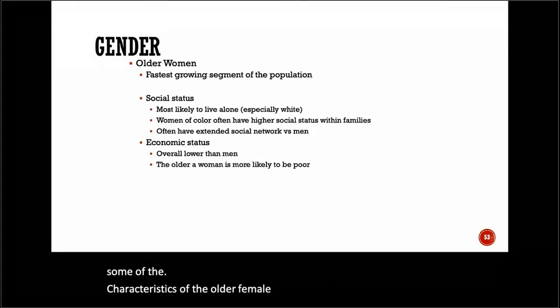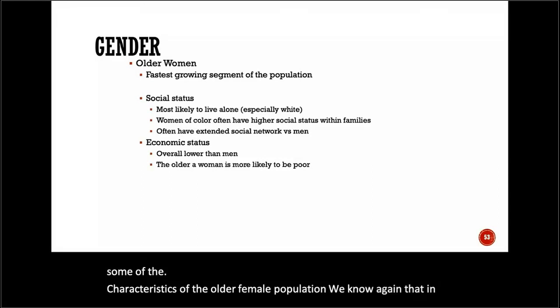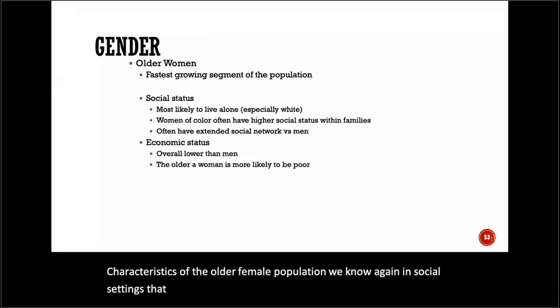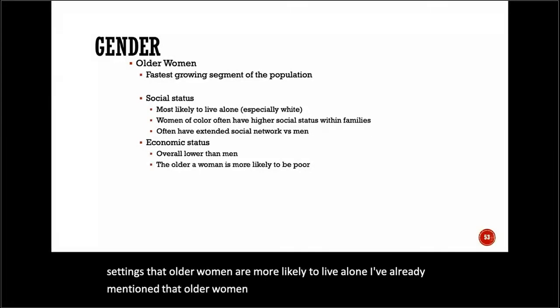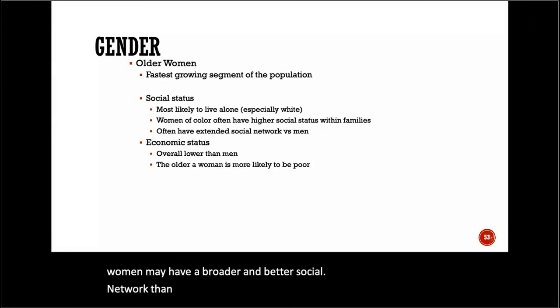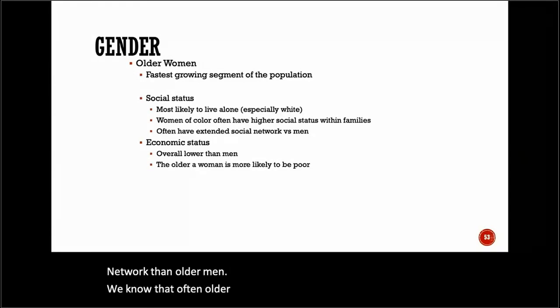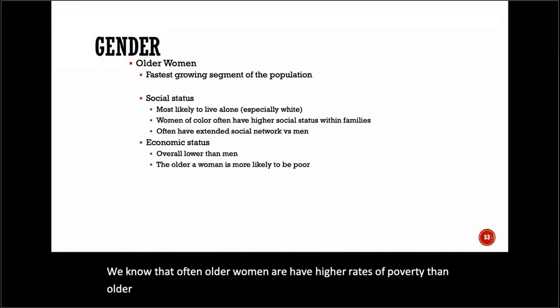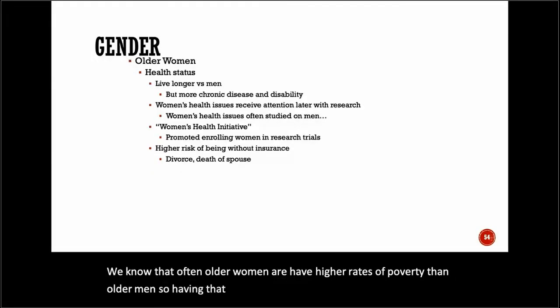We know, again, that in social settings older women are more likely to live alone. I've already mentioned that older women of color may have higher social status within a family, more of a matriarchal family unit, perhaps. And older women may have a broader and better social network than older men. We know that often older women have higher rates of poverty than older men, so having that understanding is important.